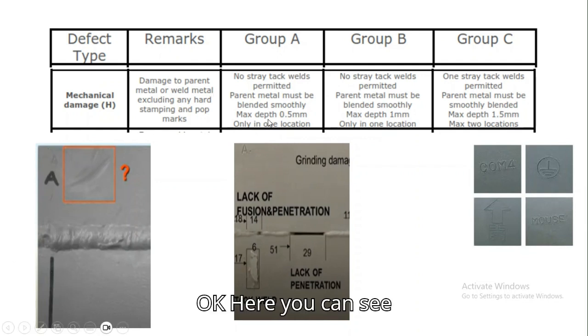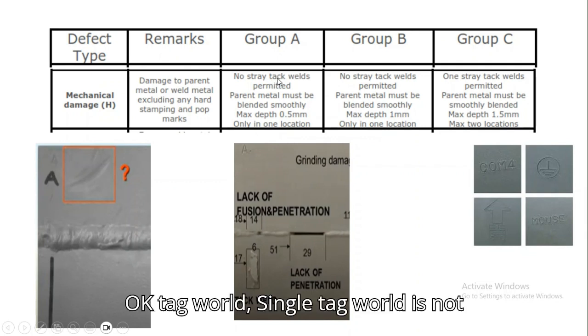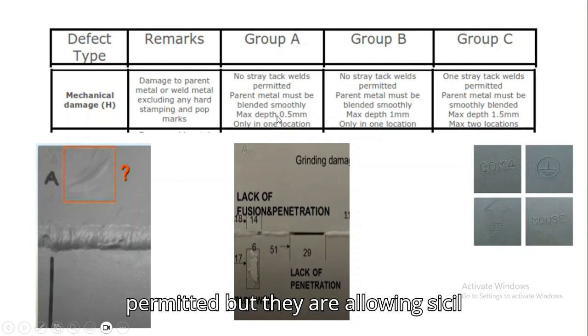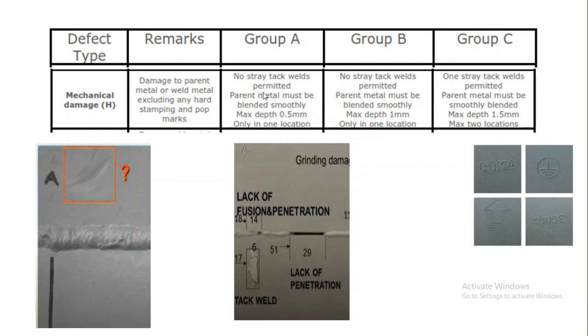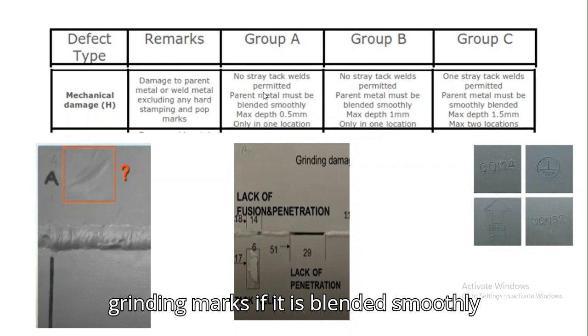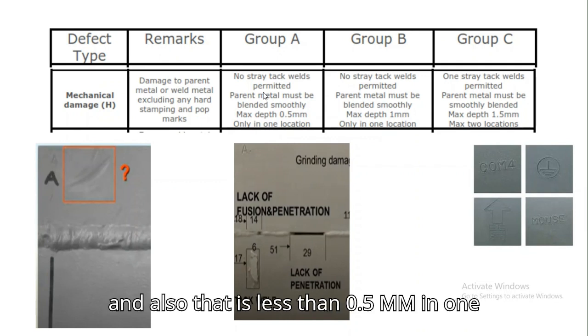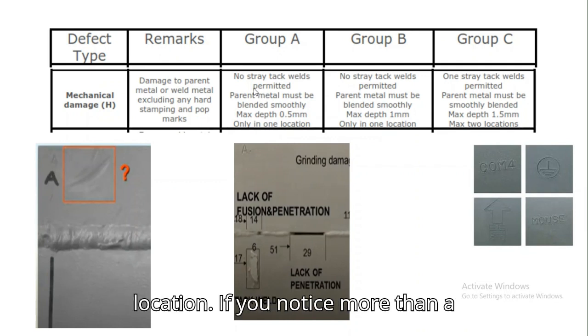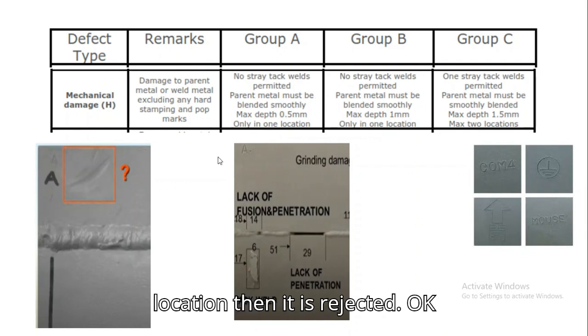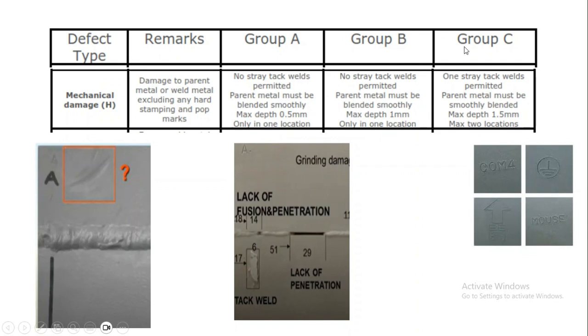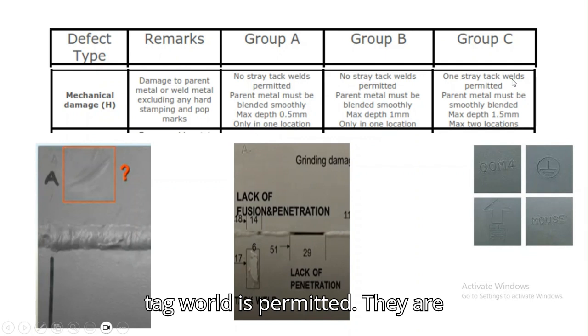Here you can see no tag weld is permitted. A single tag weld is not permitted, but they are allowing chisel marks or grinding marks if blended smoothly and the depth is less than 0.5 mm in one location. If you notice more than one location, then it's rejected. In group C, one stay tag weld is permitted.